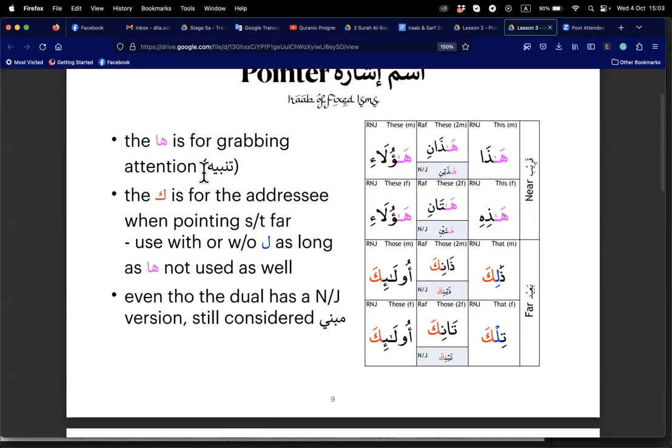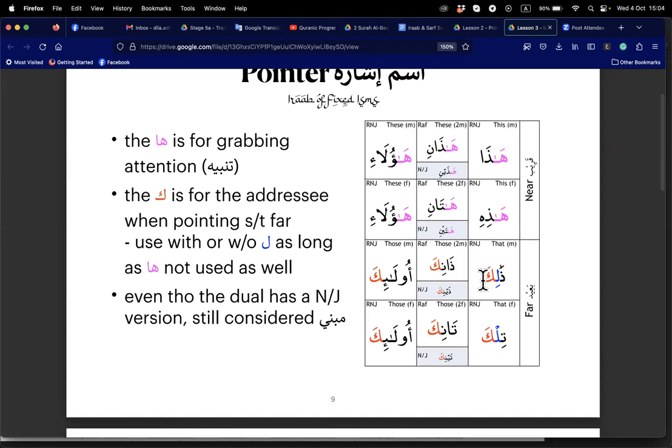It's for grabbing attention. And the ka at the end here is basically the one that you are addressing. So that's why in the Quran sometimes you see dhalikum, because it's basically a pronoun.